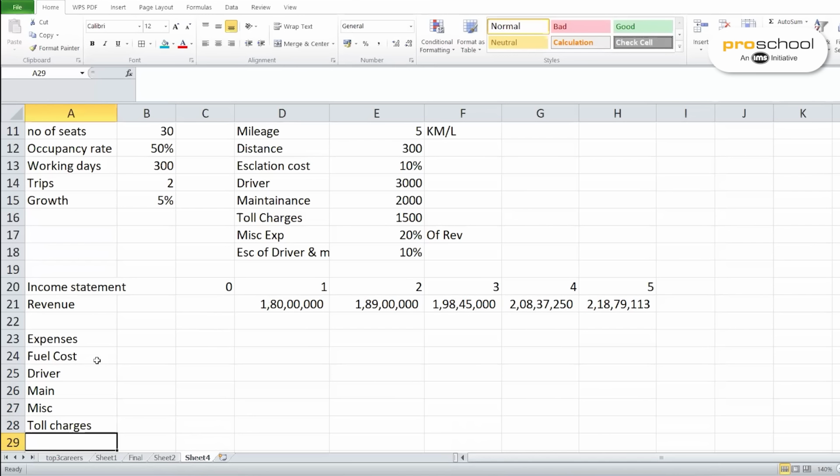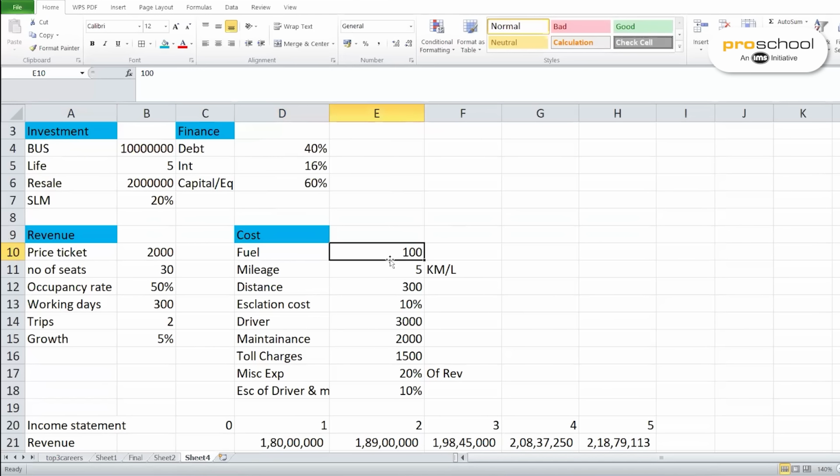So how much is my fuel cost? Now, this is basic level maths. So see, my fuel cost is 100. Mileage is 5. That means in 100 rupees of petrol, I can drive 5 kilometers. That means for 1 kilometer, the cost will be 20. As simple as that.